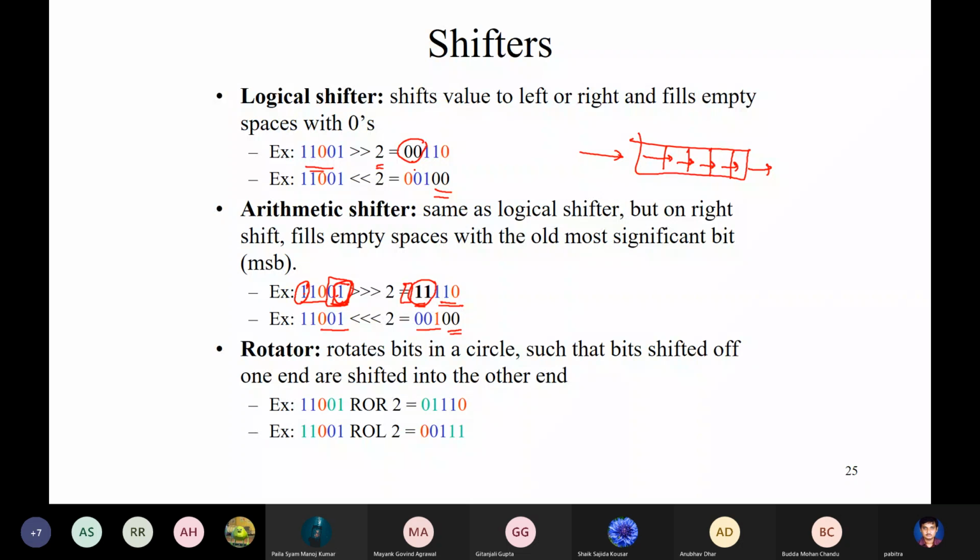Is this example correct? Wait a minute. I'm not filling with 00, I'm filling up with the MSB. So this right shift is fine. I am trying to figure out what is happening in the left shift.